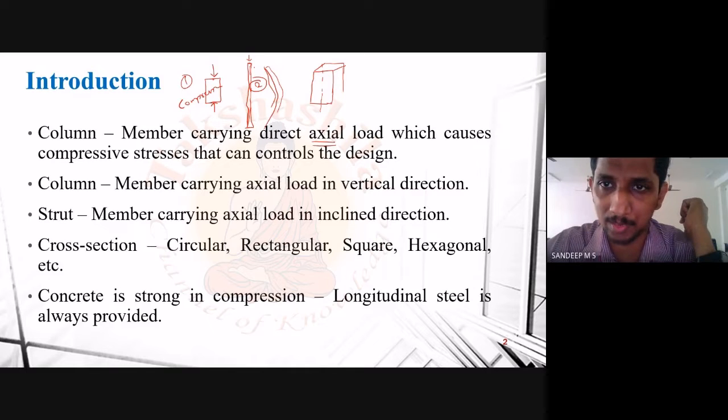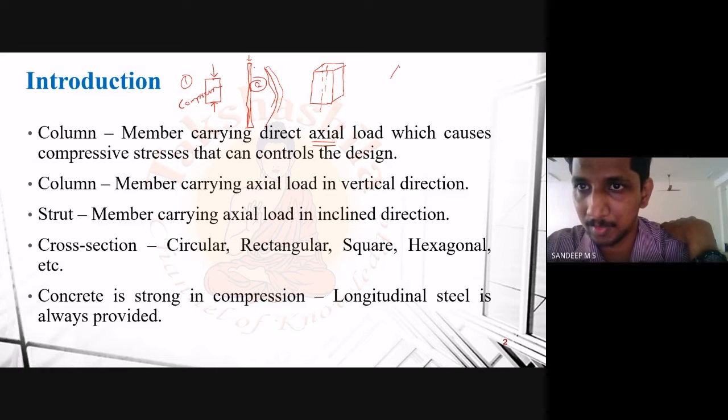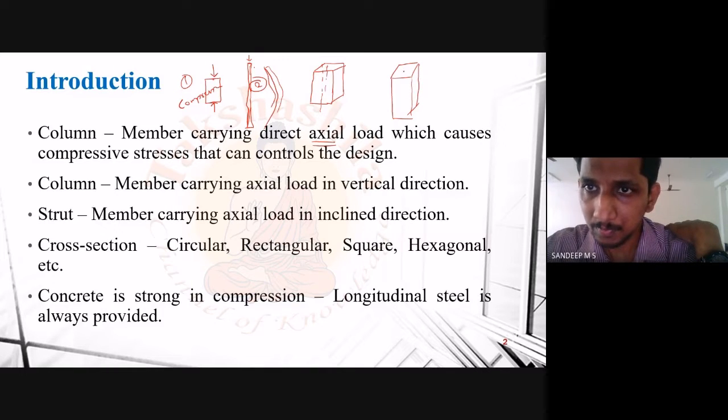I will draw it. Let this be the cross section, and we have the column going like this, and a central axis which is passing like this.